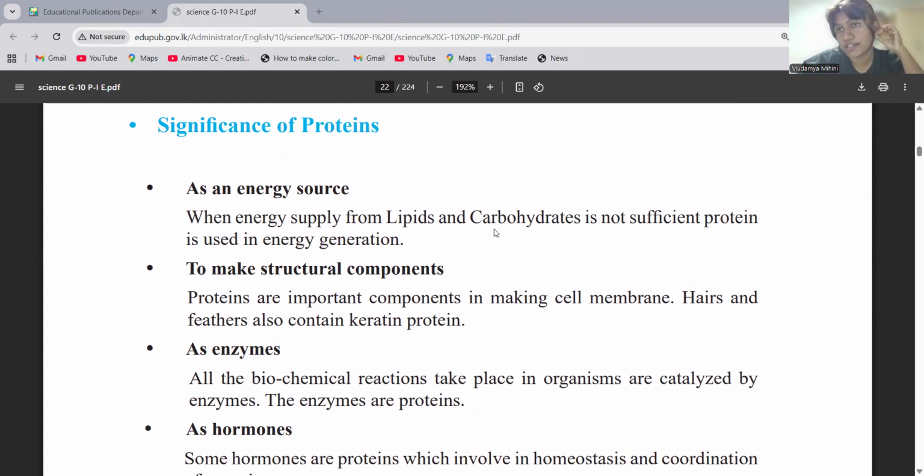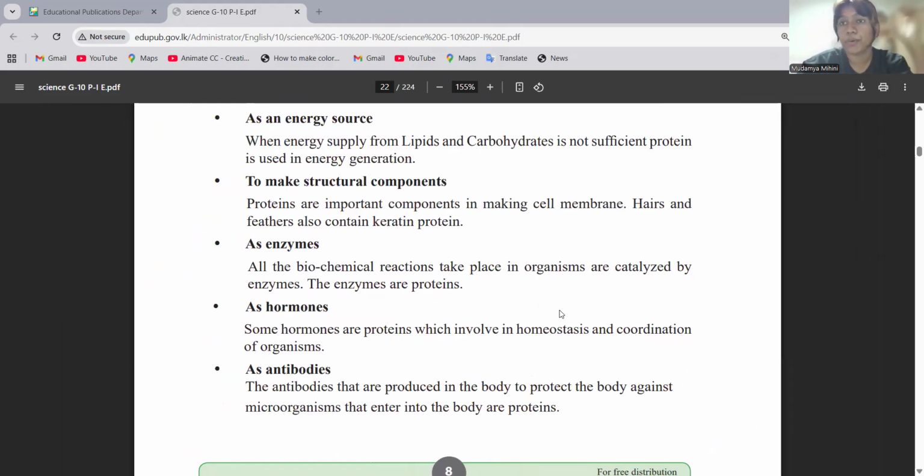So as I said, proteins play an important part in our body, in a living organism. The main thing about proteins is they provide energy. Remember that I said carbohydrates and lipids provide the first two energies, right? Imagine you stop eating and you starve for days.